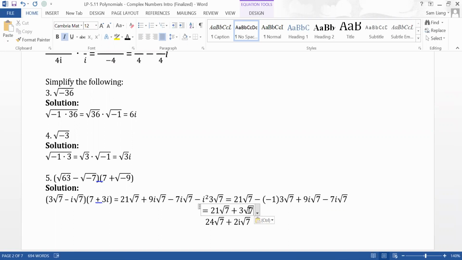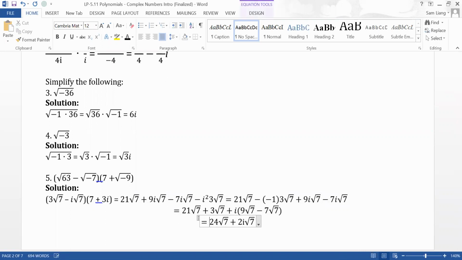And then from there, I'm going to factor out an i from these two parts. So I get 9 root 7 minus 7 root 7. Therefore this becomes 21 root 7 plus 3 root 7, which is 24 root 7.